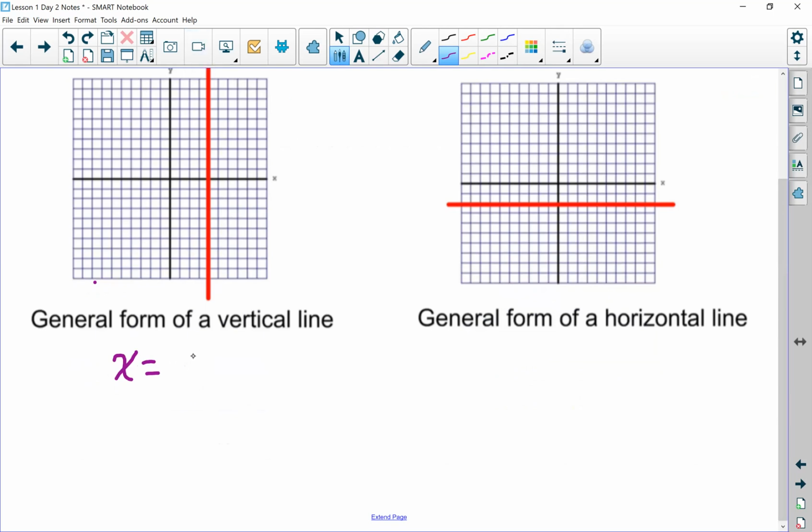We're just going to be very general and call it some value c. A horizontal line will always be in the form y equals some value, maybe we'll call it d, because it will never cross the x-axis. So whatever axis it doesn't cross, you leave that variable out.